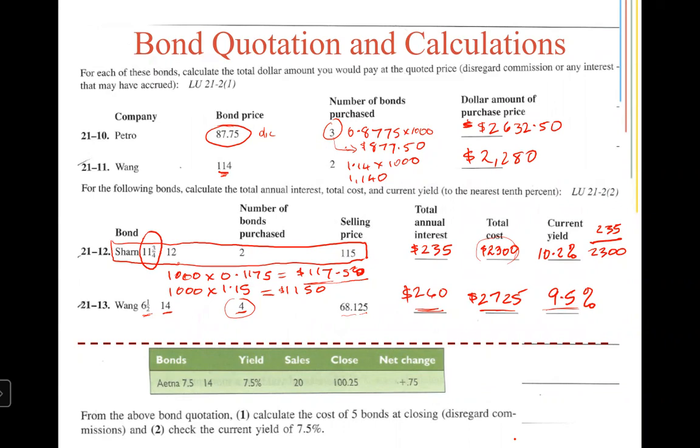Branique, what does the 7.5 represent? Ms. Bain? What does the 7.5 represent? The percent. The percent of what? Of the face value of the bond. But okay, but what purpose does that 7.5 serve? What does it inform you about? How does it help you with the bond?